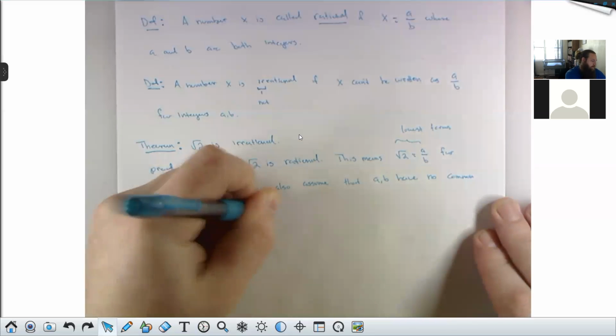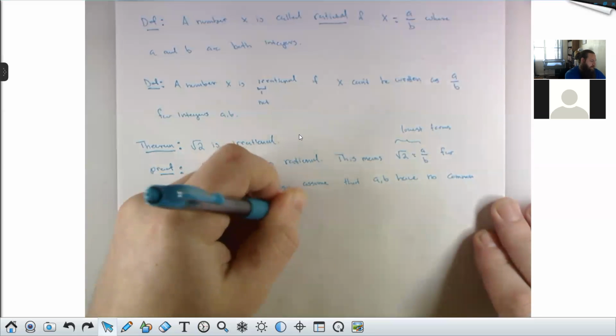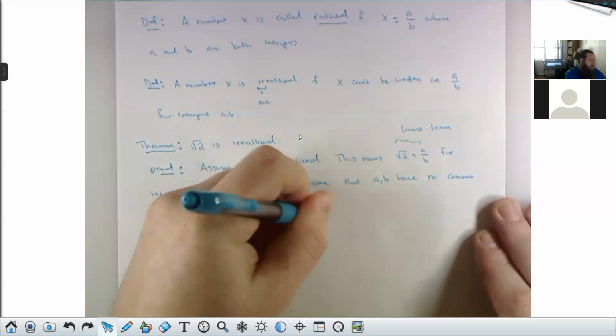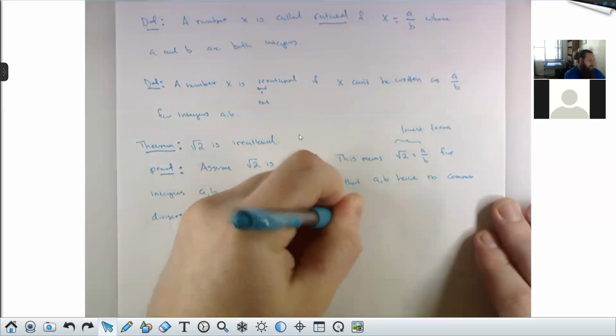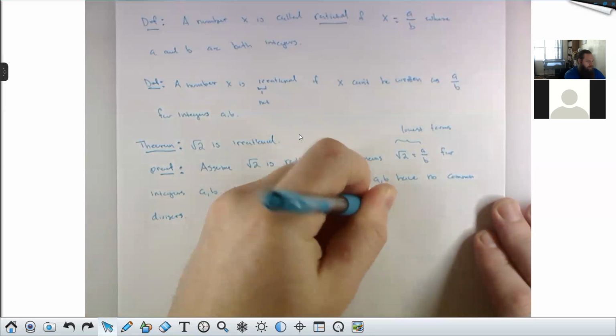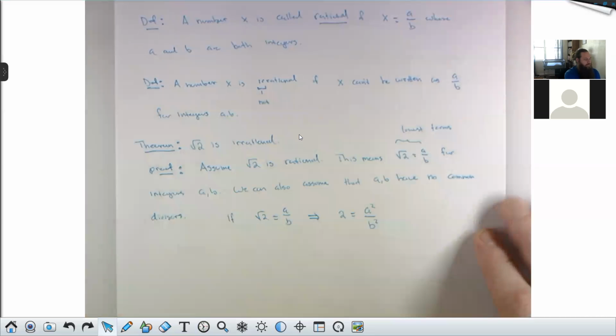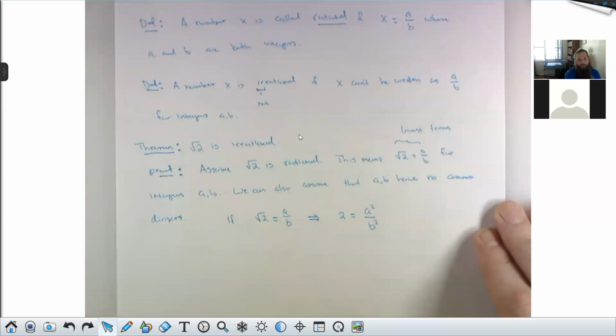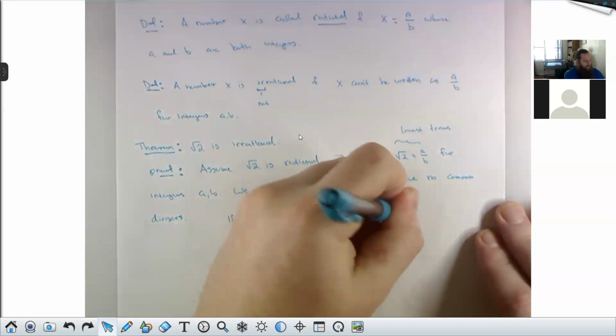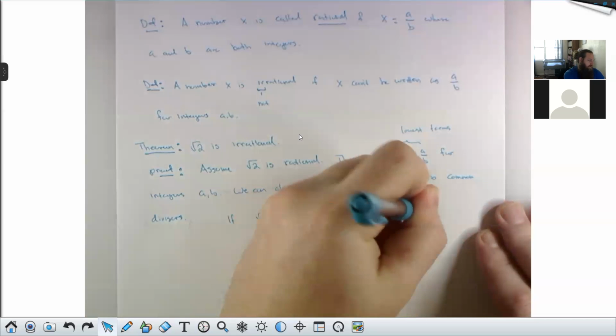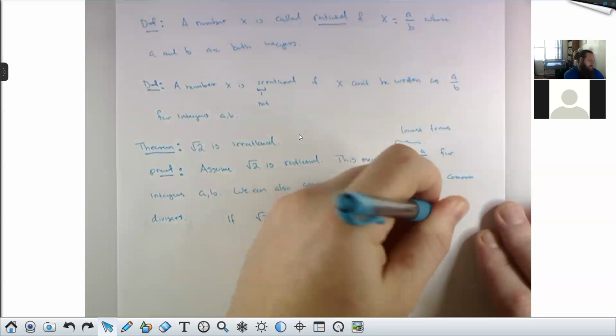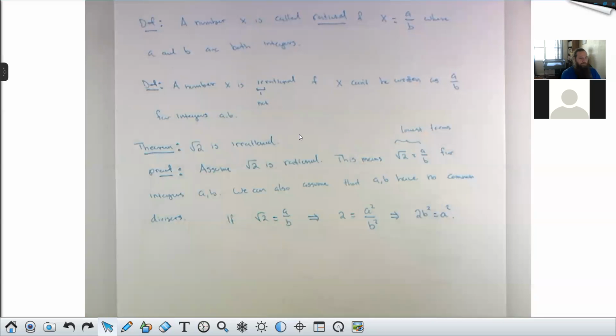If root 2 is equal to a over b, then 2 is equal to a squared over b squared. Square both sides. And this means that 2b squared is equal to a squared.